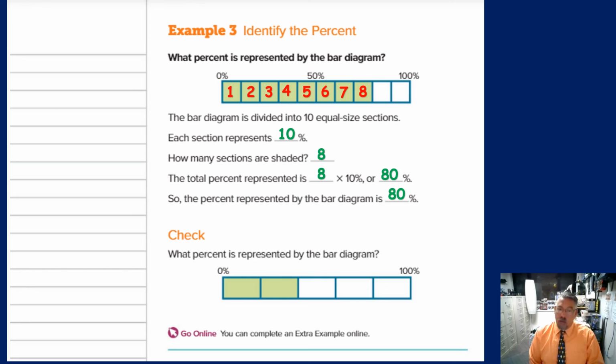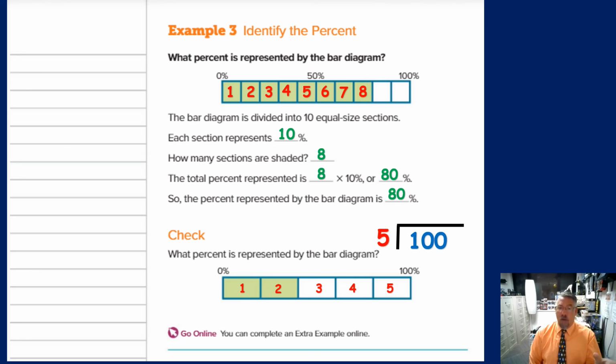Where it's not as easy is when I'm looking at the next one for the check. It doesn't tell me what the value of those are. So I have to figure out how many boxes are drawn to show me my total 100%, right? And then what the values are. So if I take 100, because I know that's my total value, and I divide it, let's see, we have 1, 2, 3, 4, 5 boxes, right?